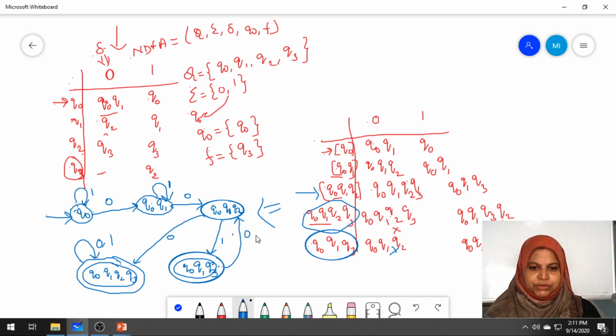So 0, comma 1, we are getting the same state, right. This is the DFA for the given NDFA.